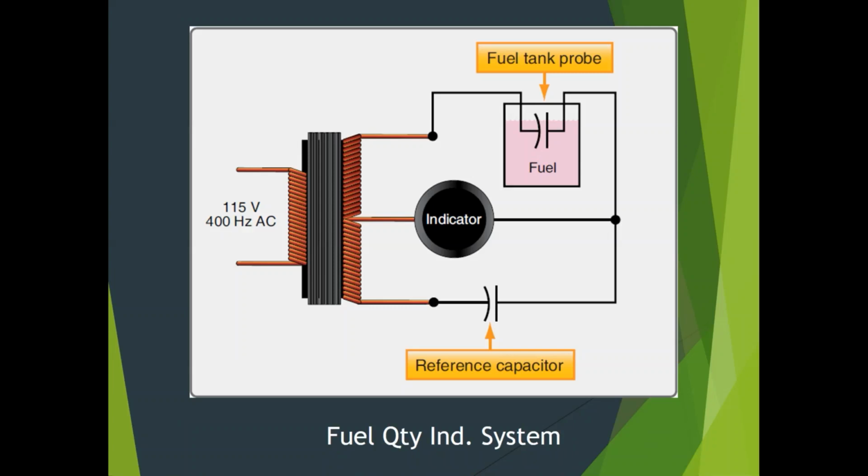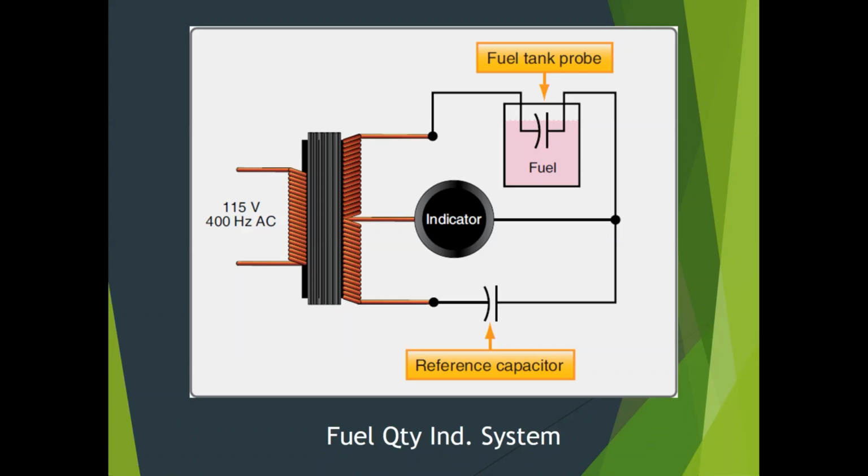What's going to happen? What is that fuel serving as right now in that capacitor? That's the dielectric. Okay, the fuel in the fuel tank probe is basically a capacitor. The fuel serves as a dielectric. And what happens if we change the amount of dielectric between those two plates?